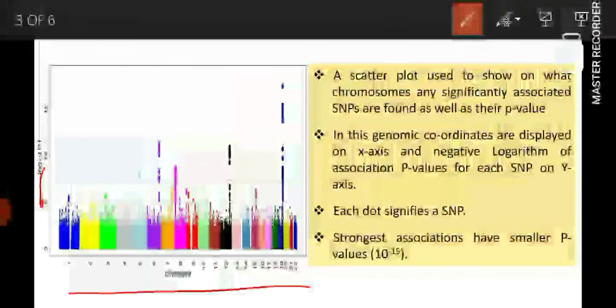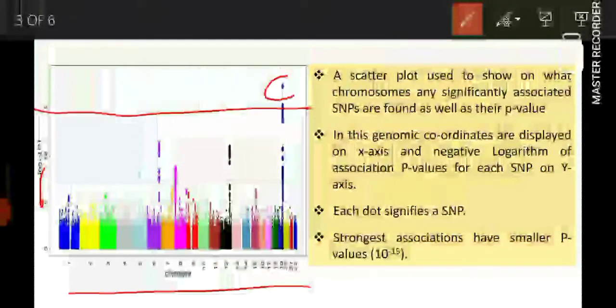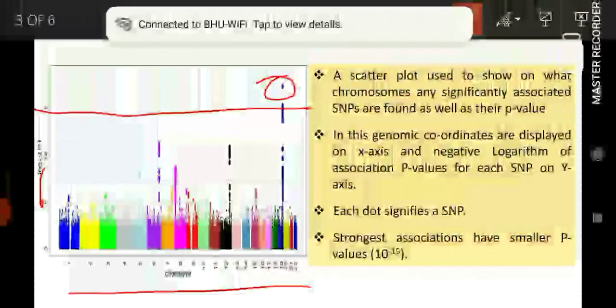And here you can see different colors which represent the SNPs. Here you can see the value of 10 to the power minus 15, meaning a p-value of 10 to the power minus 15, where this particular dot is present. It means that this dot, representing a particular SNP, has the strongest association with the trait of interest.